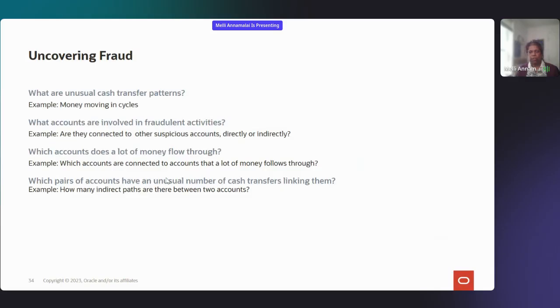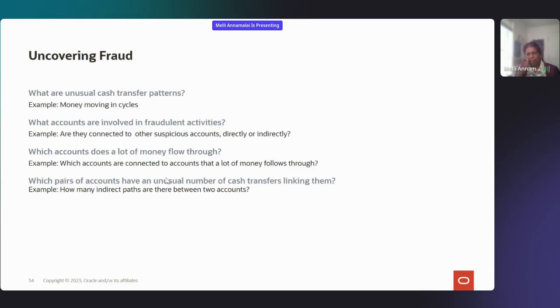They want to see whether money is moving around in cycles, like A transfers money to B, B transfers money to C, C transfers money to D, and D transfers money back to A. Is there such a cycle? Which accounts have suspicious patterns with respect to incoming and outgoing money flow edges? Which are the accounts which have a lot of money flowing through them?